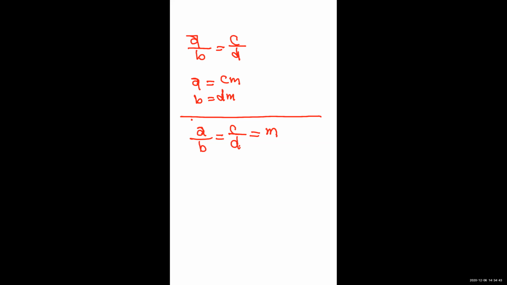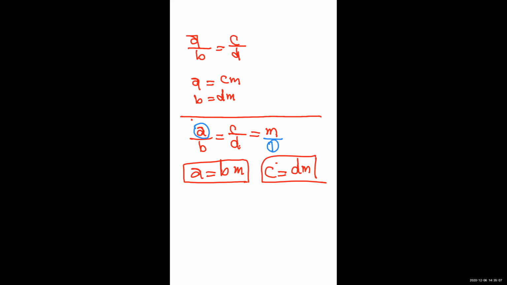Now, guys, A will equal BM and C will equal DM. It's just the same. I just multiplied A times 1, so it will equal BM. And also C will equal D times M using cross multiplication.